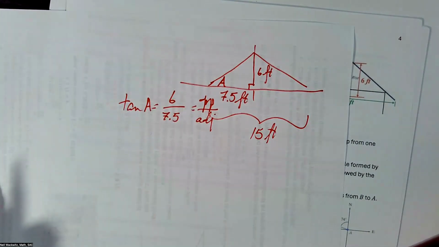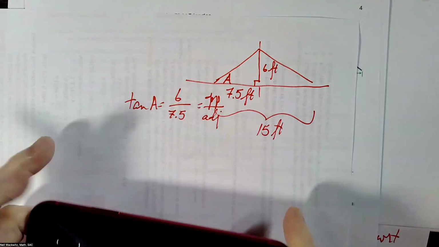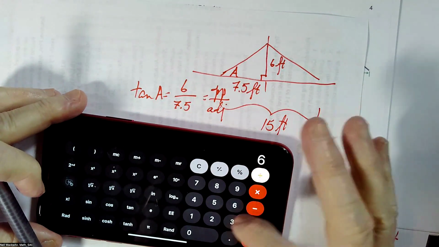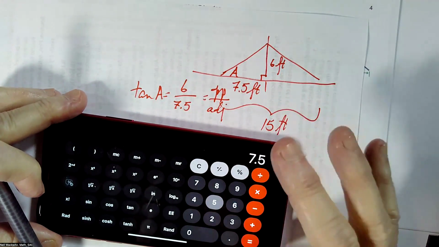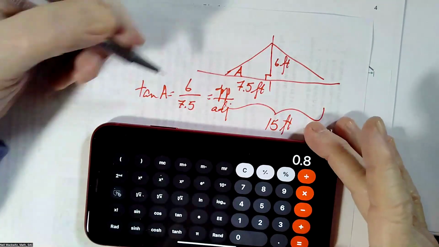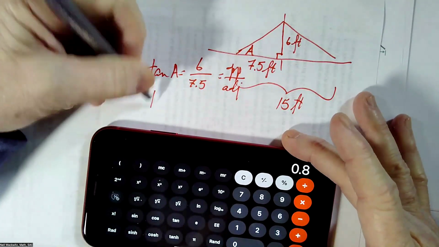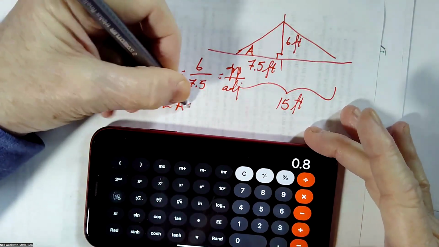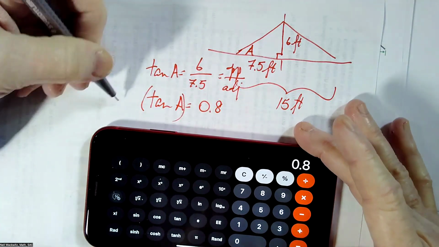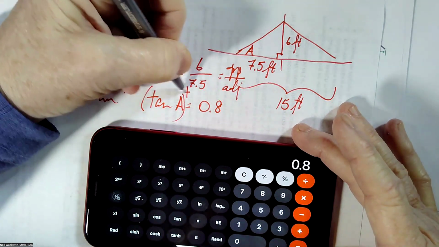So let's see, what is 6 divided by 7.5? 0.8. So I want to find the inverse tangent. I know that the tangent of A is 0.8, but I want A. So I have to take the inverse tangent of both sides.